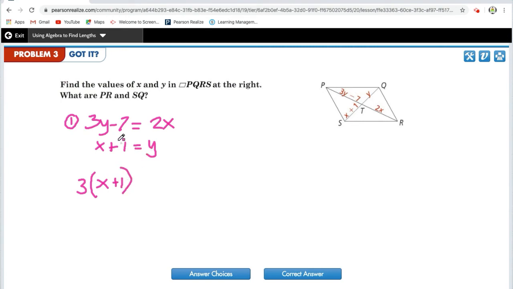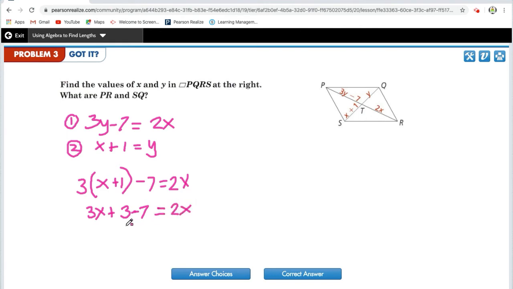So this is now y is equal to x plus 1. Minus 7 is equal to 2x. Meaning equation 2 was substituted into equation 1. So multiply 3 times x is 3x plus 3 minus 7 is equal to 2x.